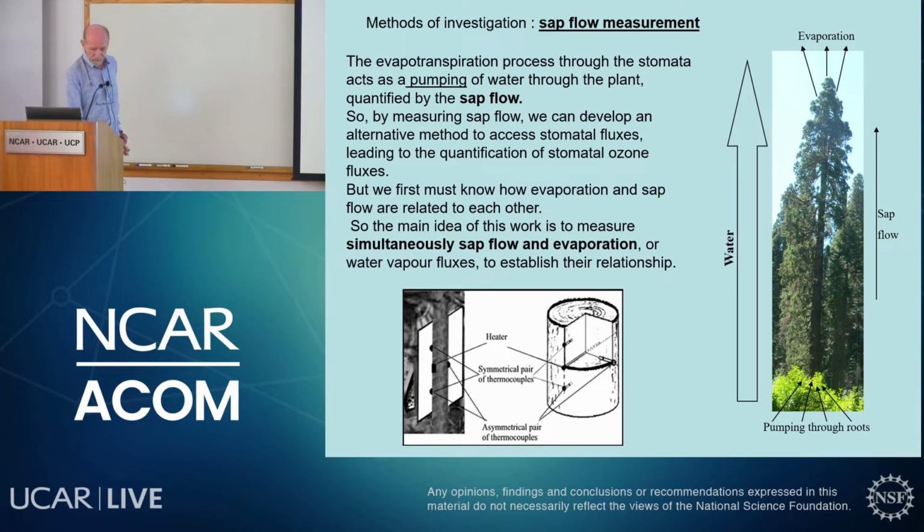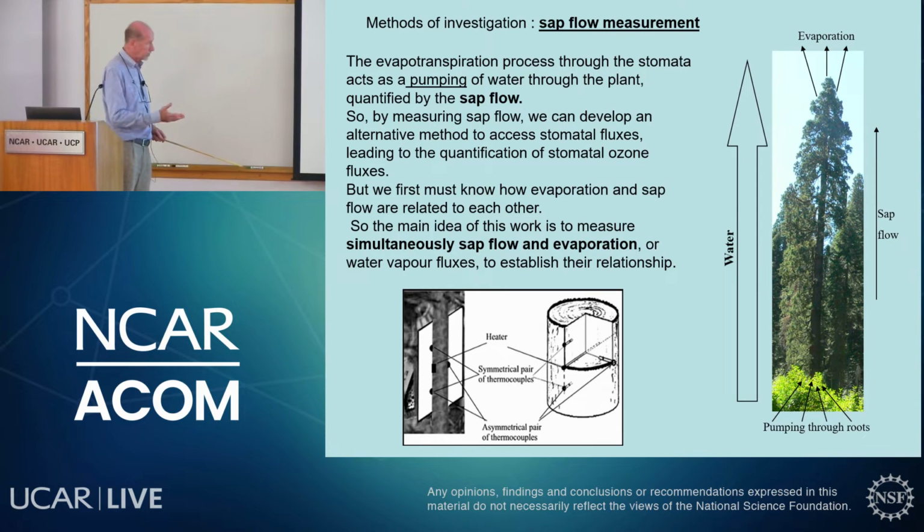Then the sap flow measurement technique is quite interesting because it puts in relation the evaporation coming from the leaves and the flow of water pumped from the roots. There should be a relationship between the two, because the water coming from the soil goes up in the tree and ends up in evaporation.